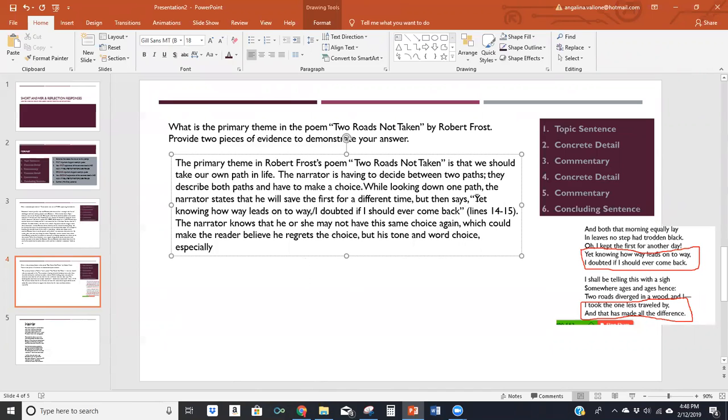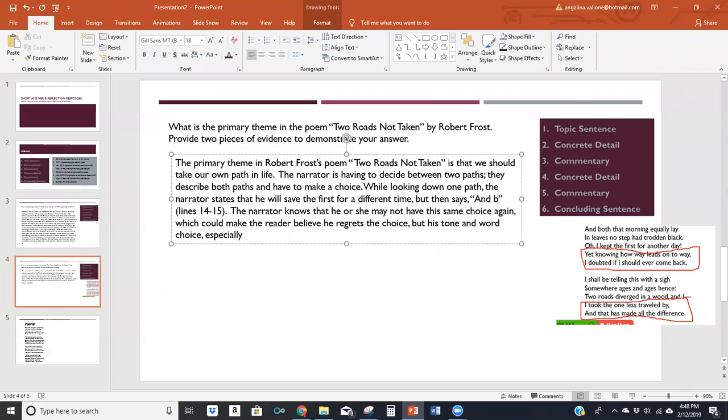What I'm realizing is I need to change this, because what I want to say is that he's not regretful, right? And we need to make our own choices. And so to do that, I don't know that what I've picked is really going to help me make that connection. So I'm going to change this.